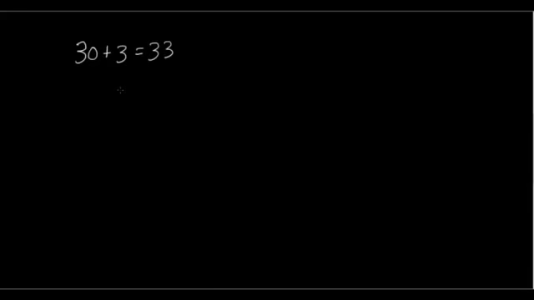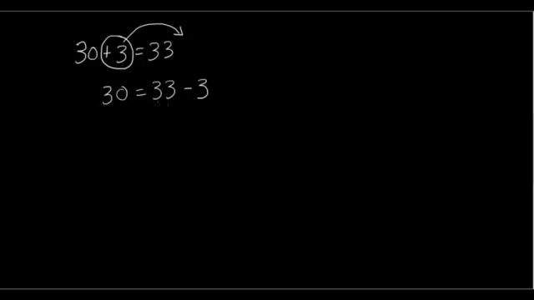Now you can actually rewrite this expression by moving the plus 3 onto the right hand side, and you'll notice that if you move a term to the other side of the equal sign, the operation in front of the term becomes its inverse operation. So what that means is we now write this equation as 30 equals 33 minus 3. Okay, and you can see that it still equals each other.